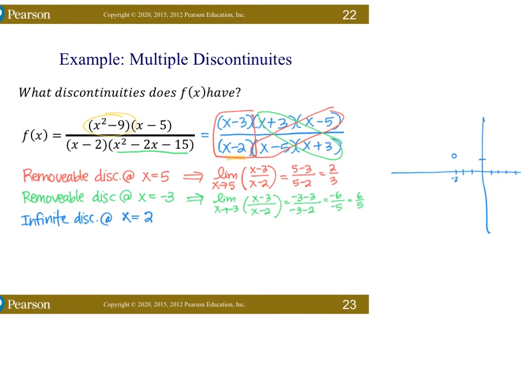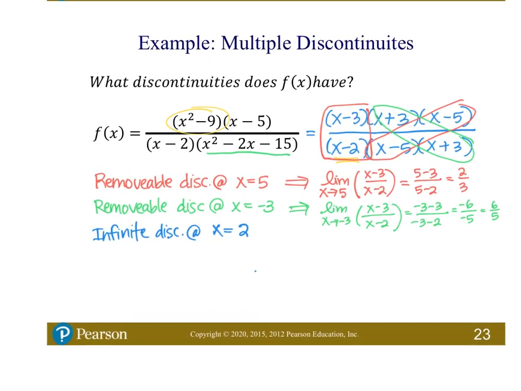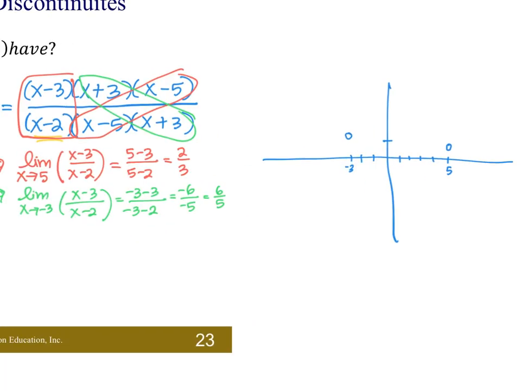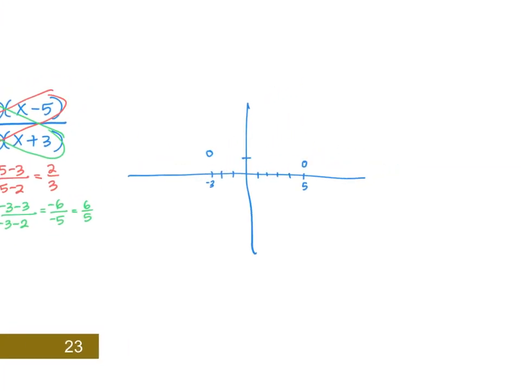What about the asymptote? The asymptote is happening at 2. So that means I need to check the behavior on the left and the right side. So I need to do the limit as x approaches 2 from the left, and the limit as x approaches 2 from the right. Okay, we know we're going to have an asymptote at 2, so I'll just go ahead and get that right on here.